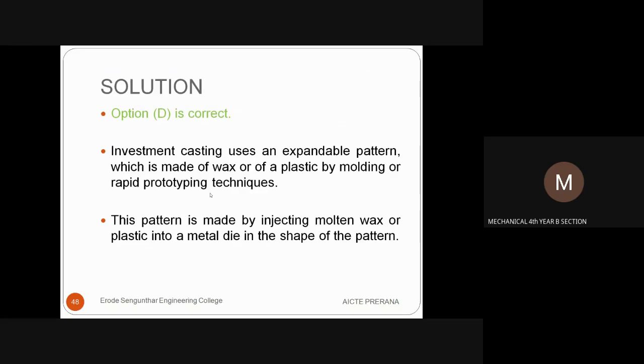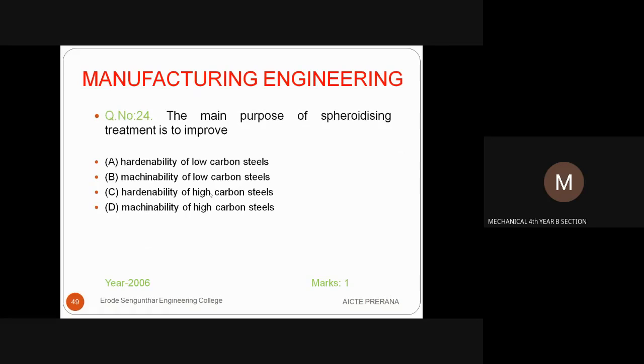So next question is, the main purpose of normalizing treatment is to improve what? For what purpose are we using the normalizing treatment process for a material? Options are hardenability of low carbon steel, machinability of low carbon steel, hardenability of high carbon steel, or machinability of high carbon steel.